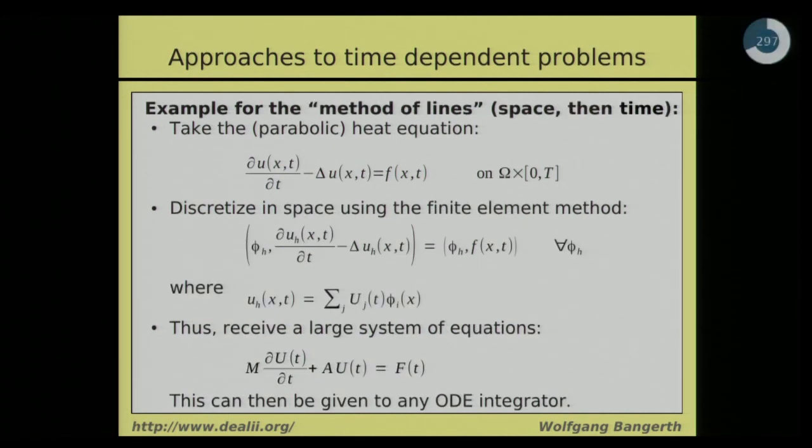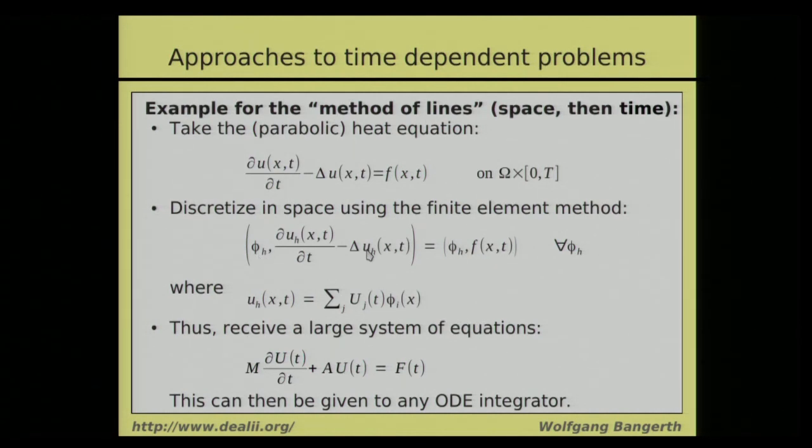So the opposite approach, of course, would be the method of lines, which does essentially the following. In this case, I'm going to leave the time derivative in place, and I'm going to discretize this in space. So I do this with the typical finite element approach. I multiply from the left with a test function phi_h.